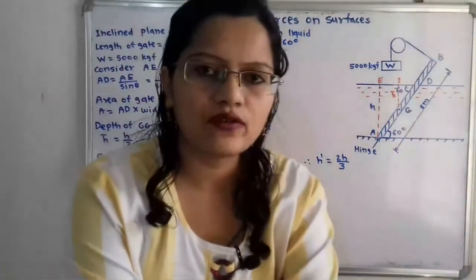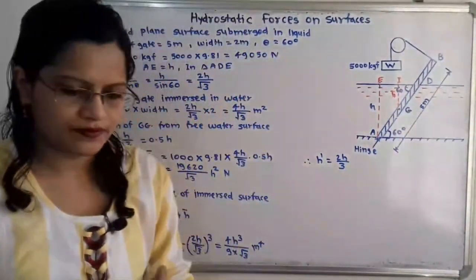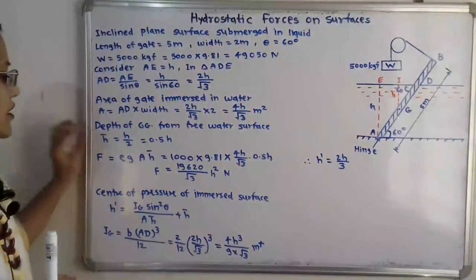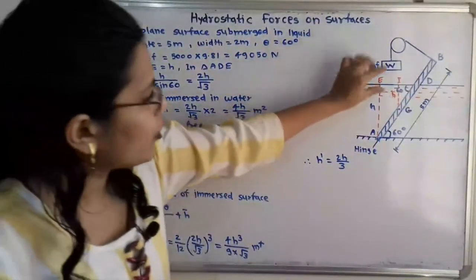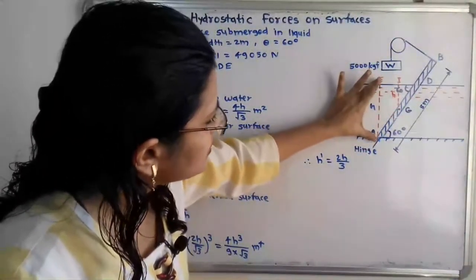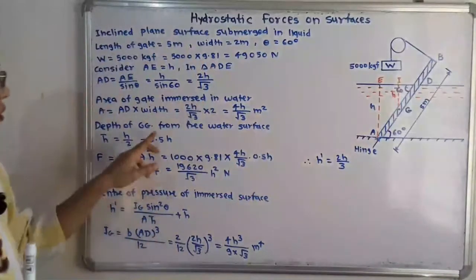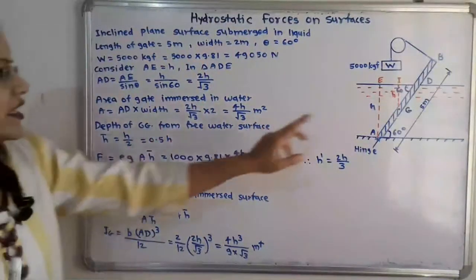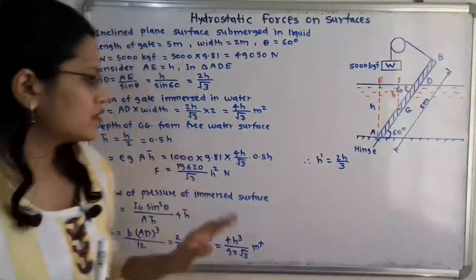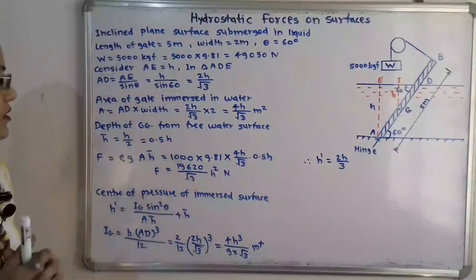So now we have to find out this h bar. Now if we observe this is the middle point, so this h bar is equal to this whole distance h by 2. So in terms of h we can write here h bar is equal to 0.5h. So this we have to consider.